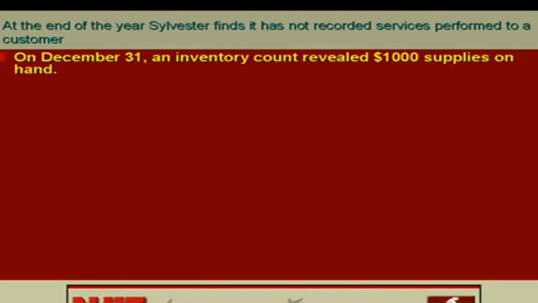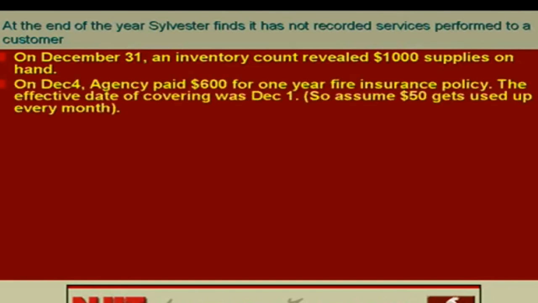On December 31, an inventory count revealed 1,000 supplies on hand. December 4th, the agency paid $600 for 1-year fire insurance policy. The effective date was December 1st.